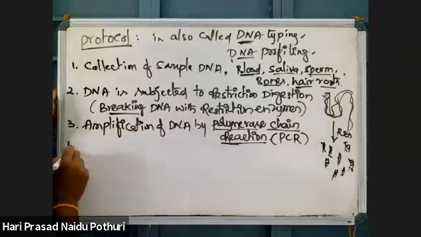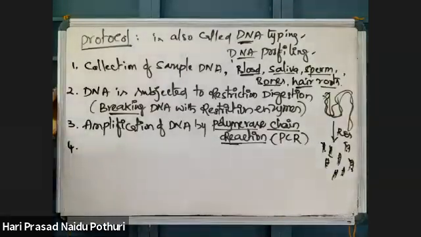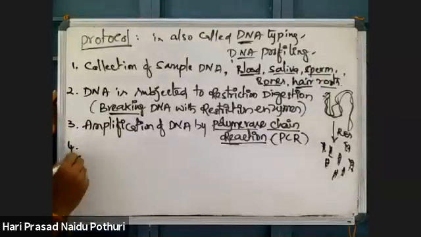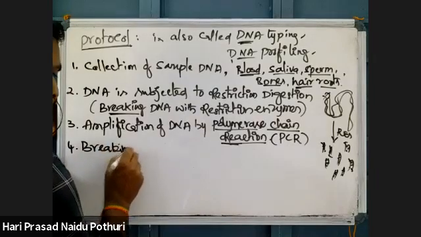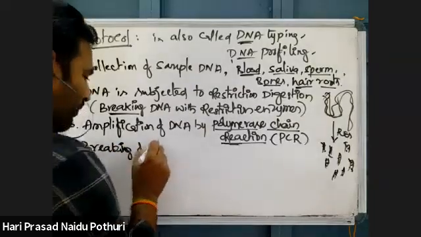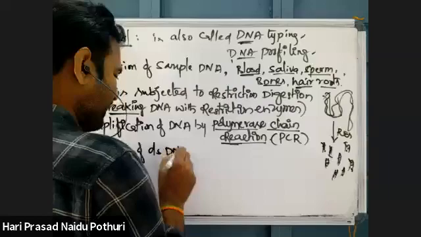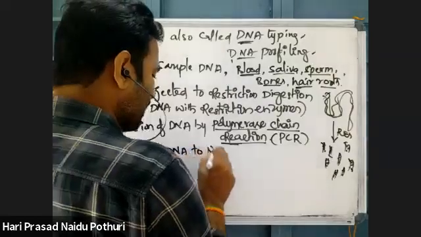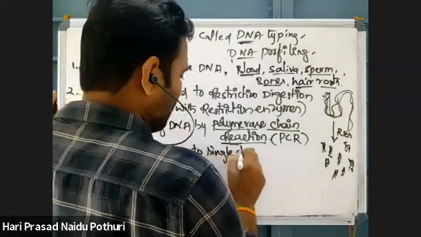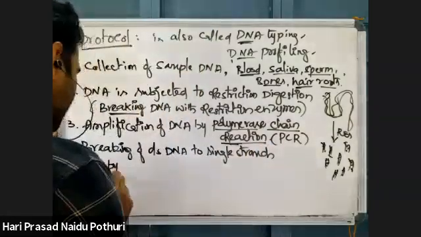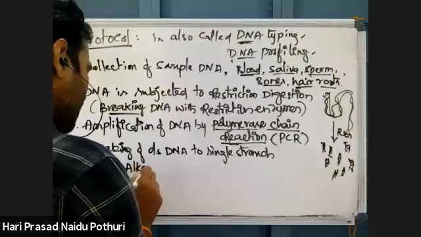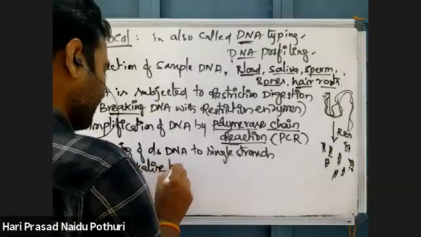The third step is amplification of the DNA by polymerase chain reaction. The next step is breaking double-stranded DNA into single strands by a method called alkaline hydrolysis.